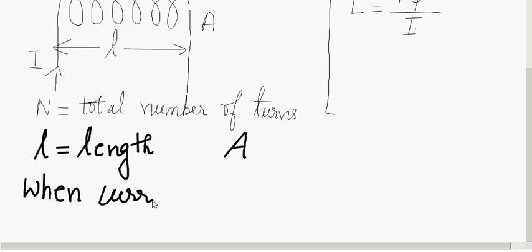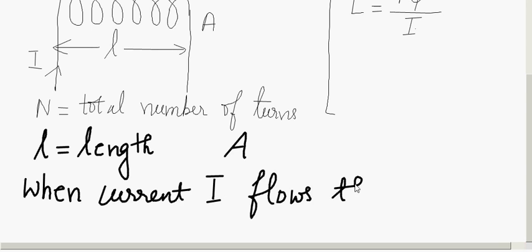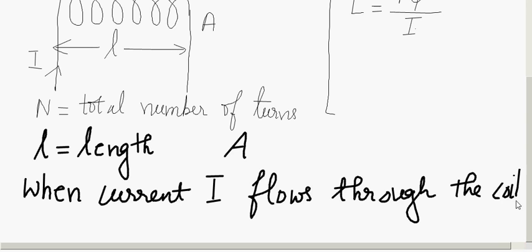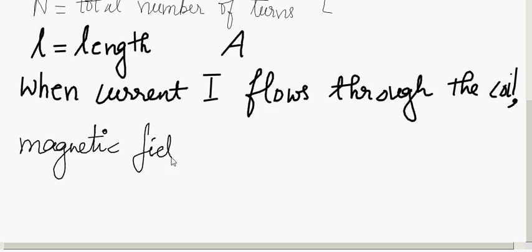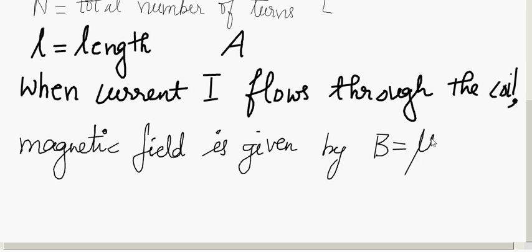When current I flows through the coil, the magnetic field which is set up is given by B is equal to mu naught small n into I. But what is the small n?